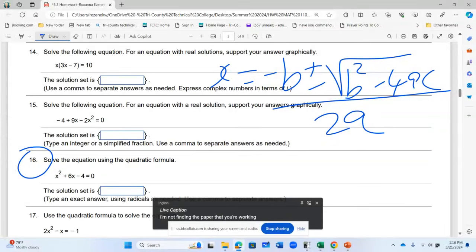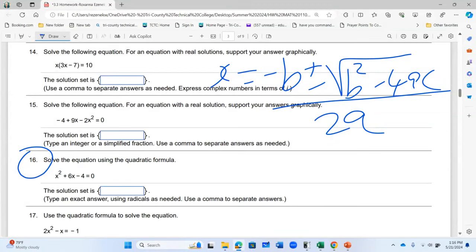We are trying to solve this number 16 by quadratic formula. The first thing I want to do is check: is it in standard form? Yes, it is.